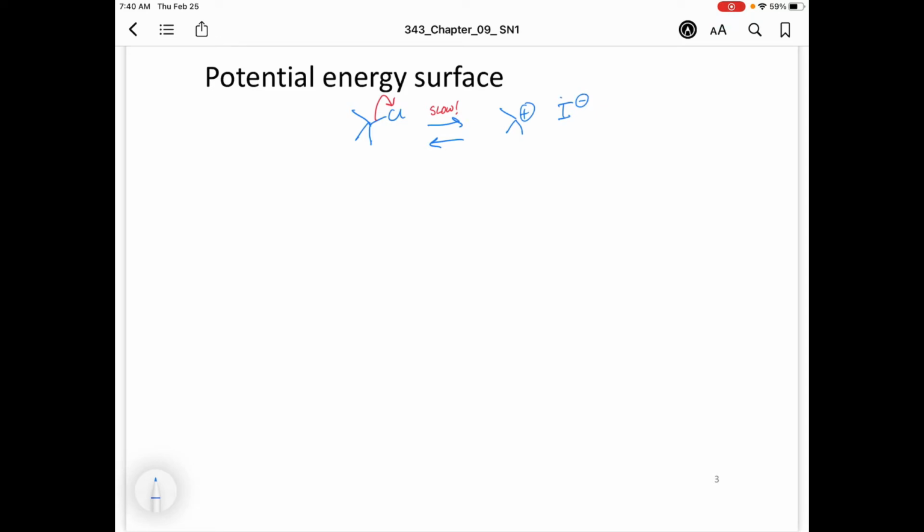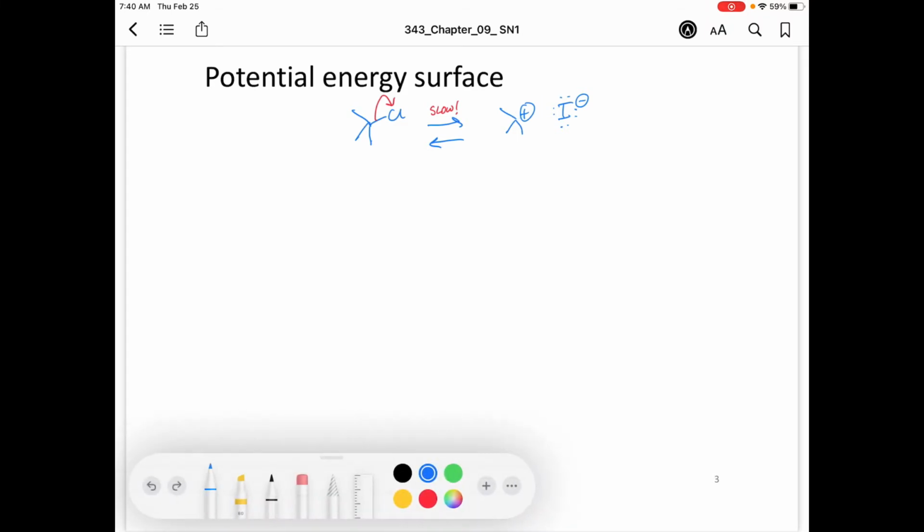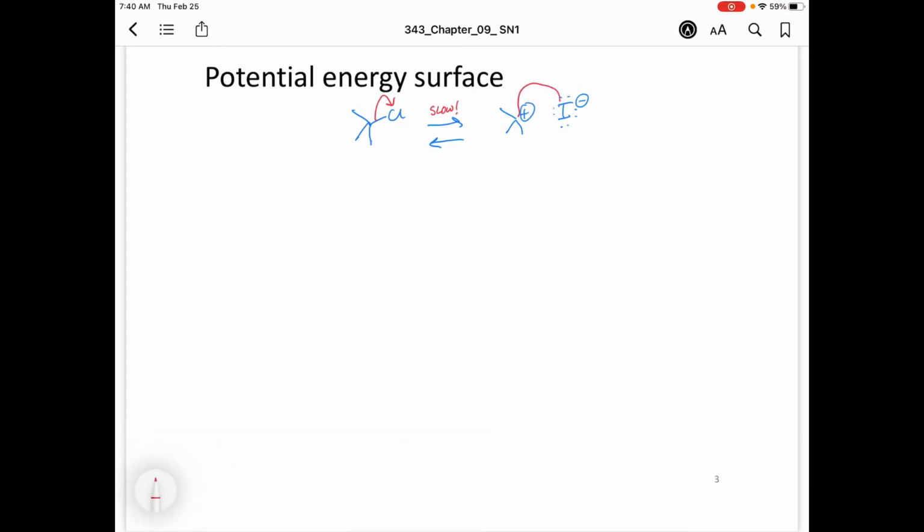I'm going to draw I- here. Okay, and then we're going to attack our carbocation. Let me make that red. All right. Now we did also form Cl-, which is just kind of hanging out with that potassium that's in our solution, all right? And then we're going to end up making our product here. I'm going to draw this reversible, and we'll talk about that in just a second.